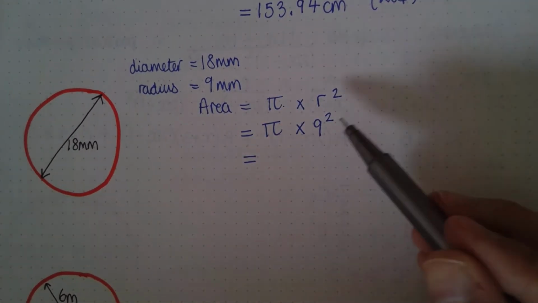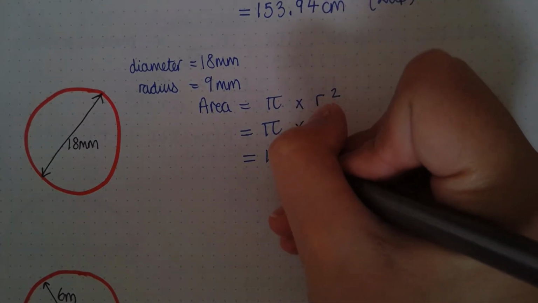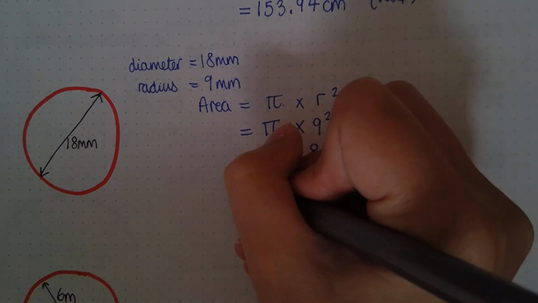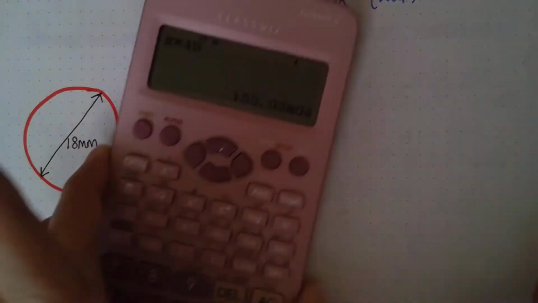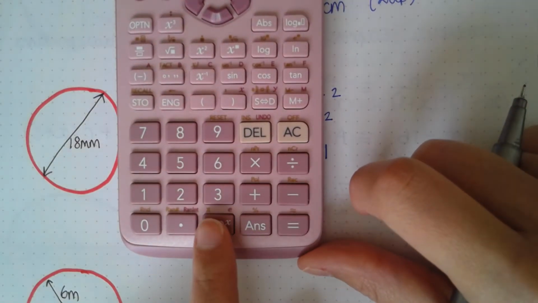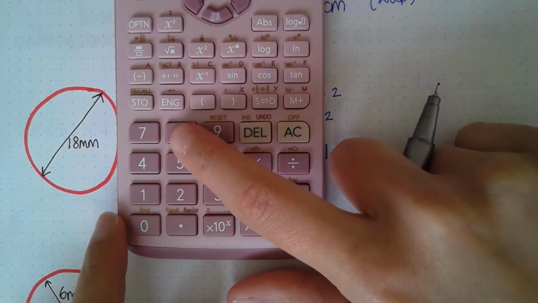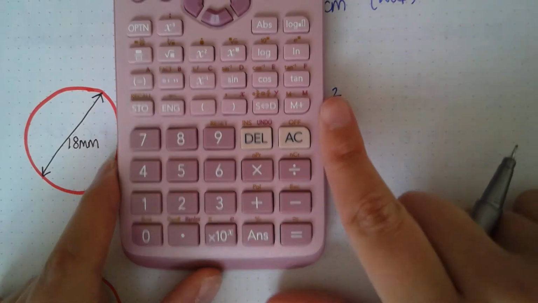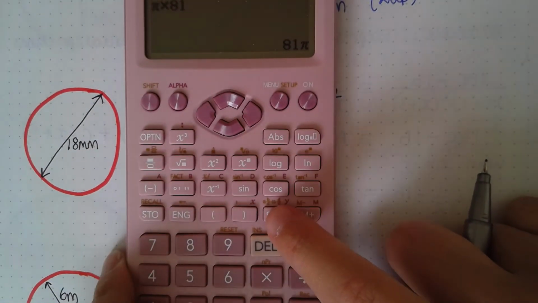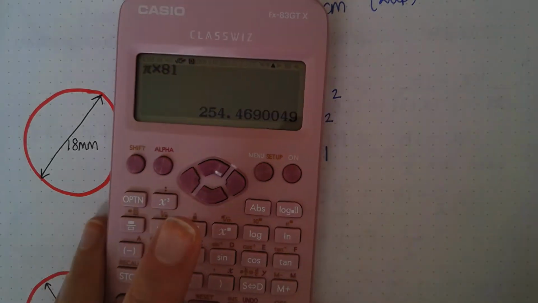Well, 9 squared is 9 times 9, and 9 times 9 is 81. I can then type that in my calculator. So shift, and then the button down here for pi, times 81 equals 81 pi, which isn't what we want, so S arrow D, and then we can see our answer.